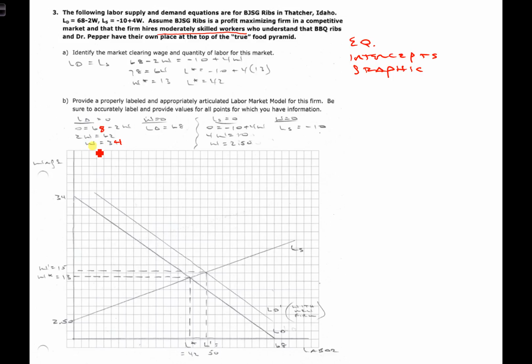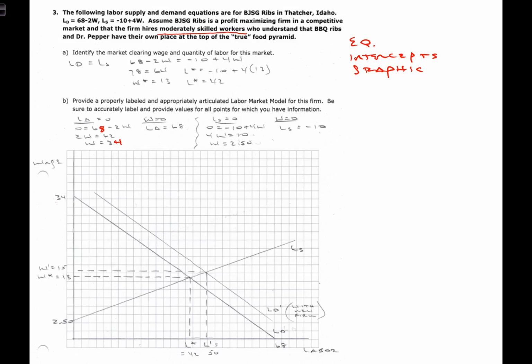So we then know that the W intercept for labor demand is going to be at 34. And we then know if W is equal to 0, the labor demand is 68, because labor demand equals 68 minus 2 times 0, so labor demand simply equals 68. So we now have a value of 68 and 34.